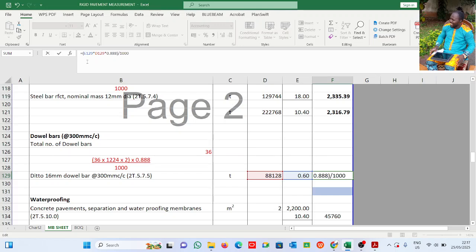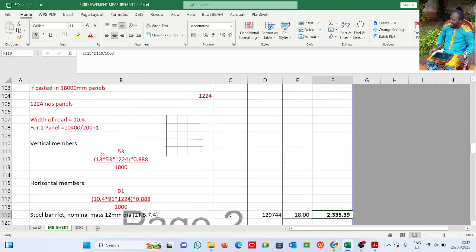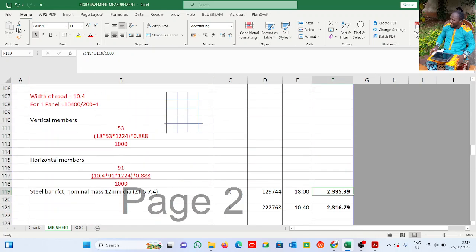All right, then before I divide by 1000, this is now in tons. It has to apply here too. What reinforcement did we use here? 8 mm, that is. So this is supposed to be like this, times 0.888, all right, before I divide by 1000, because I have to take it down to kg, then divide it by 1000.